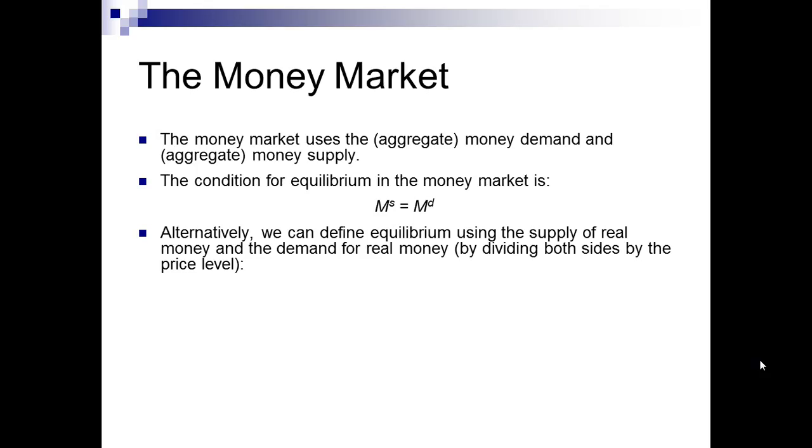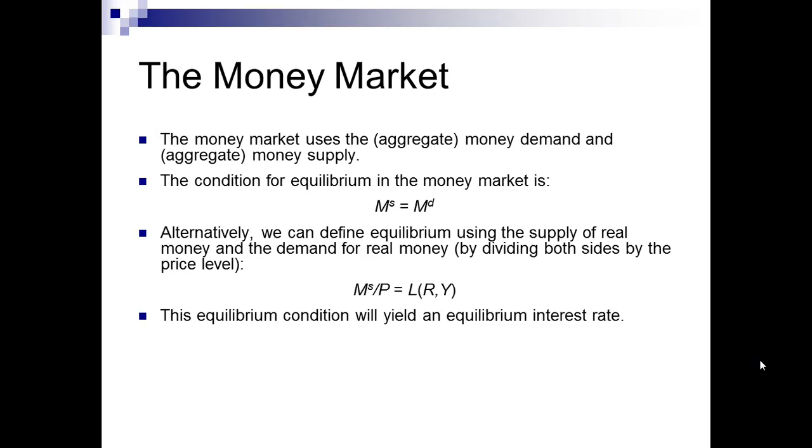Alternatively, we can define the equilibrium using the supply of real money and the demand for real money by dividing both sides of the equation by the price level. So in this case, we get real money supply is equal to real aggregate money demand, which again is a function of interest rates and national income. This equilibrium condition will yield an equilibrium interest rate for the economy.